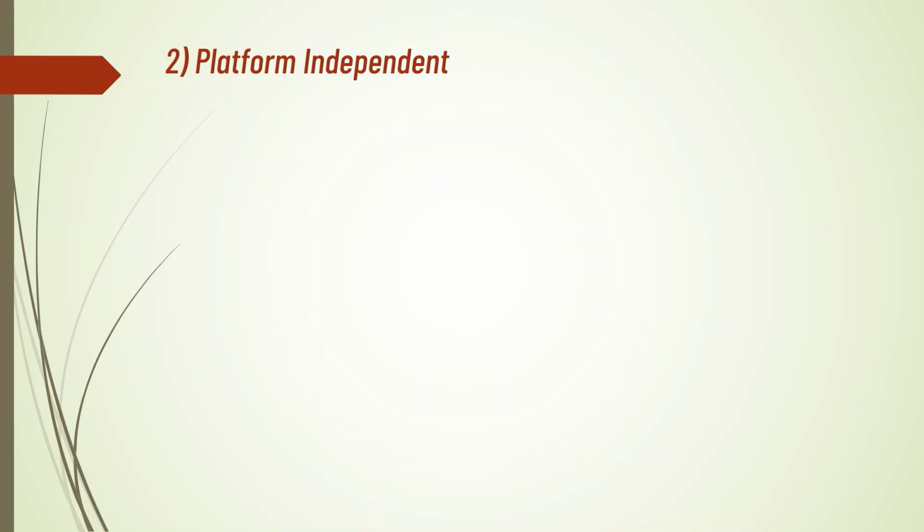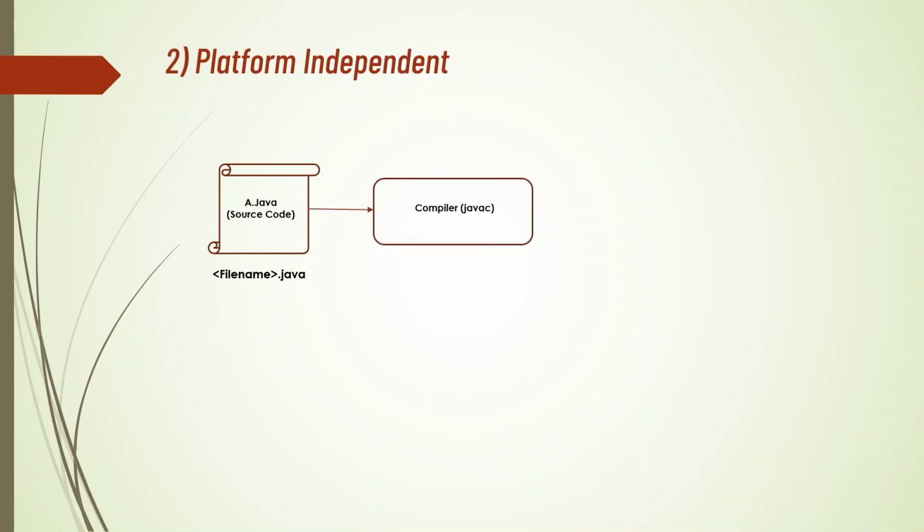Java is known as platform independent because of bytecode, and that bytecode we can run on any platform. So let's understand how we can get the bytecode and execute it on different platforms. Let's suppose we have written the source code and saved the file with extension .java, and then the compiler will compile the whole code and find the compilation errors. If the code is error free, then it will convert the source code into the bytecode, and the extension for the bytecode is .class.